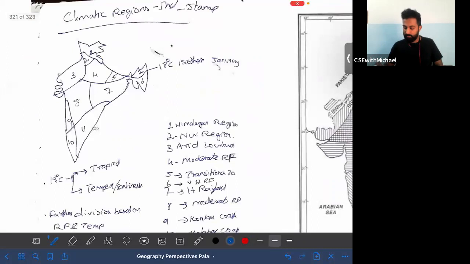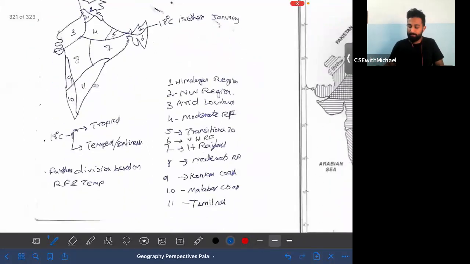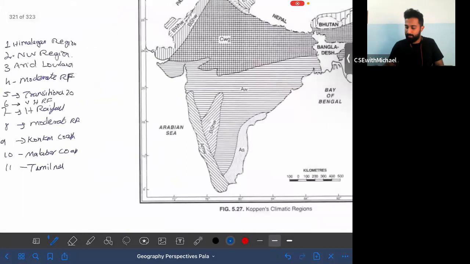The first climatic region classification is the one I have drawn here, so it looks a little like that. This is the classification provided by Stamp.